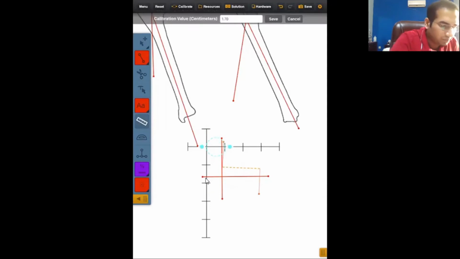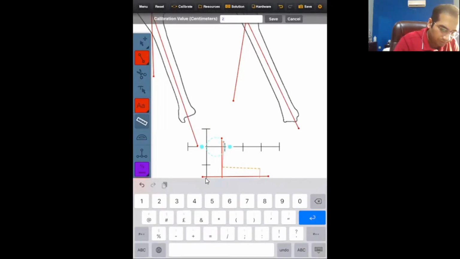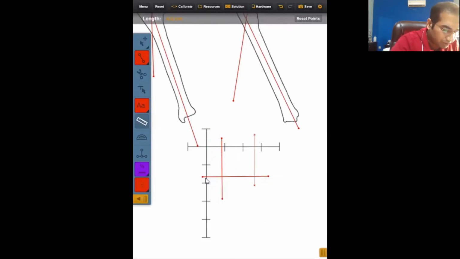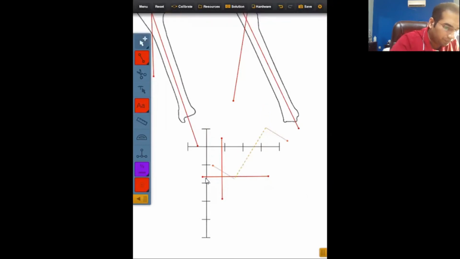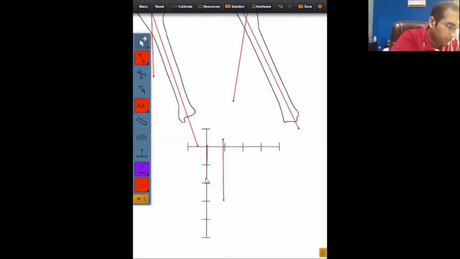I was saying that this component is exactly 2 centimeters. So let us keep this 2 centimeters. So exact 1.7. Okay. This is the mark of 1.7. And now let us measure the 35 degrees. This is the mark for 35 degrees.